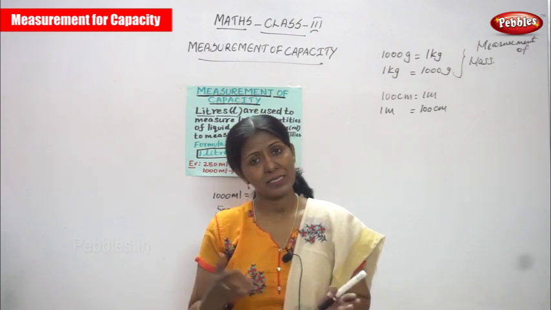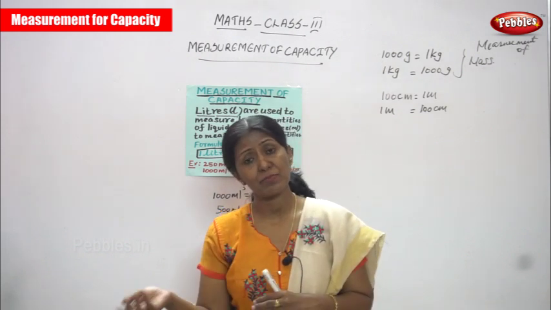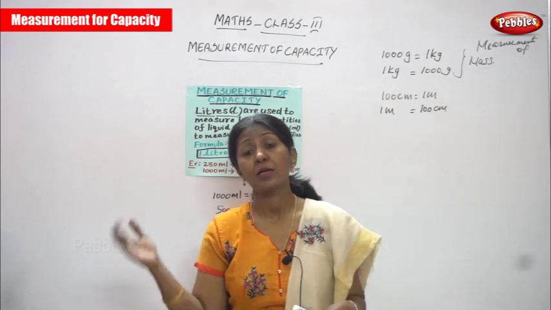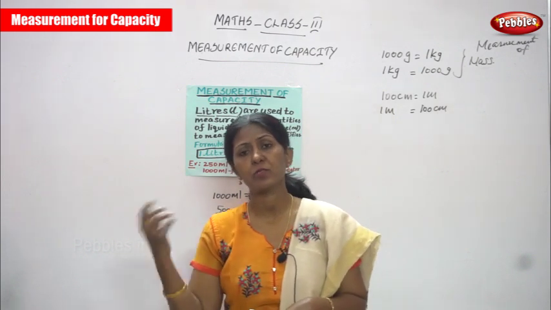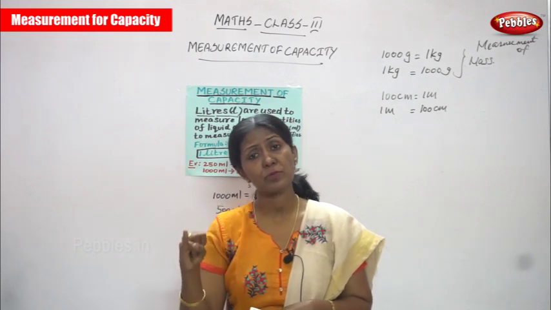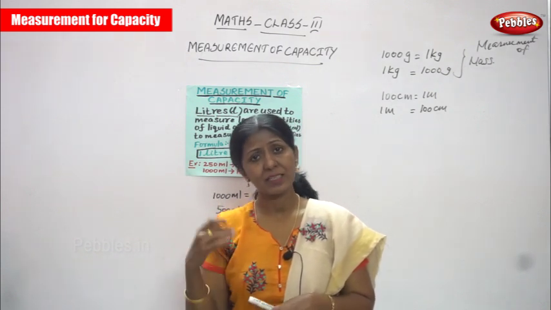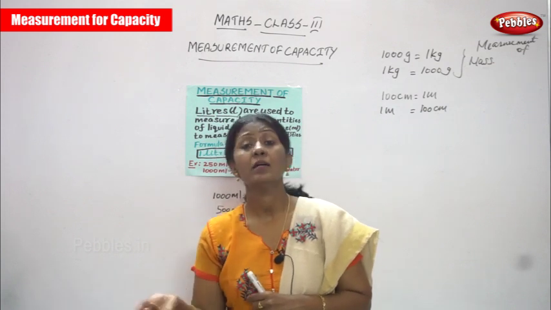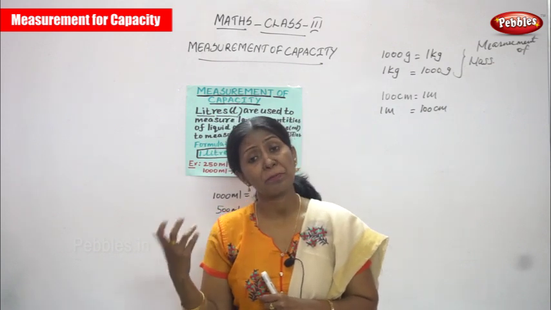And a distance from one place to another place is a very large distance. We measure that in kilometer. Very small lengths we measure in centimeter. Middle length, or greater length, we measure in meter.